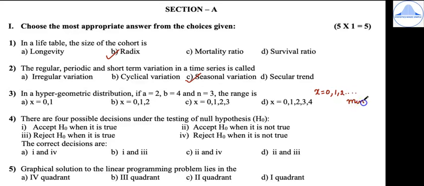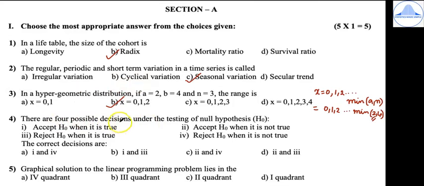It is the minimum of A, N. Minimum of 2, 4 is 2. So the correct option is x is equal to 0, 1 and 2.